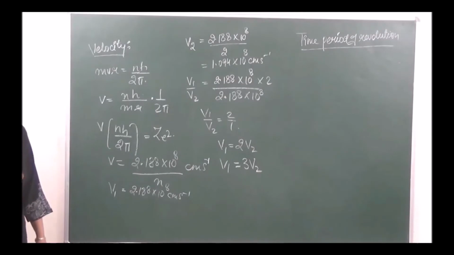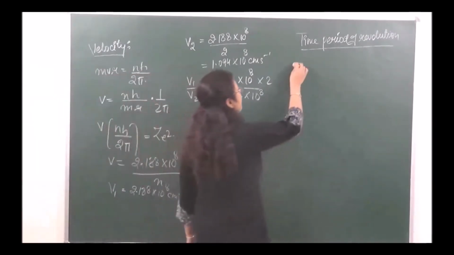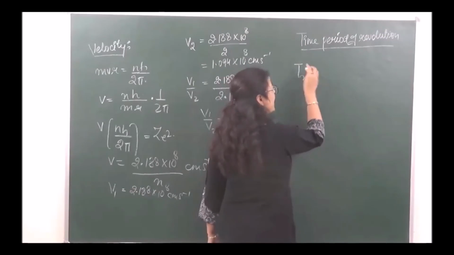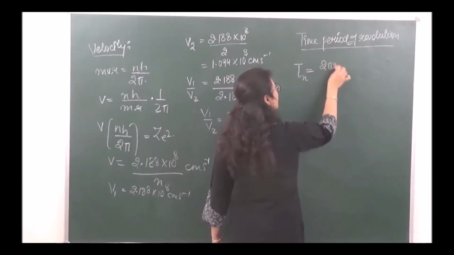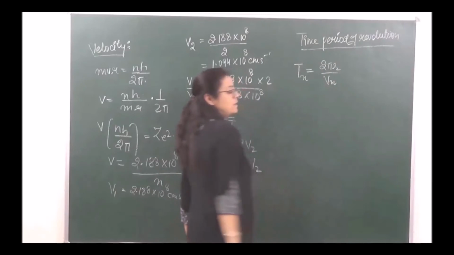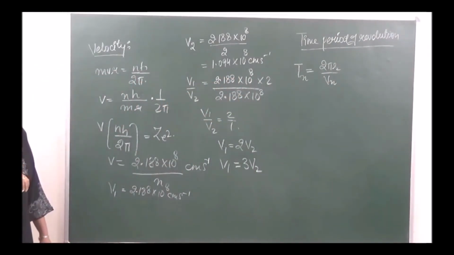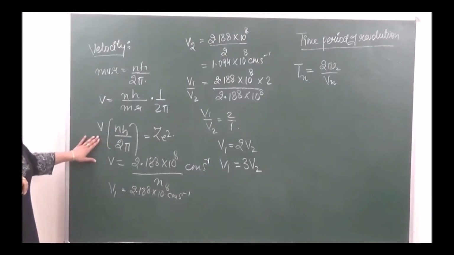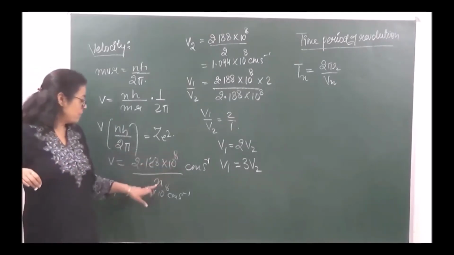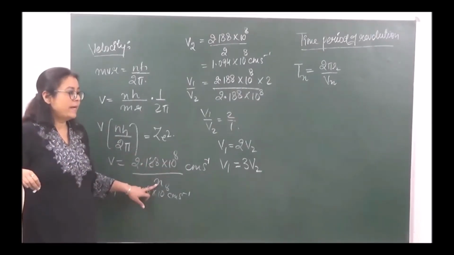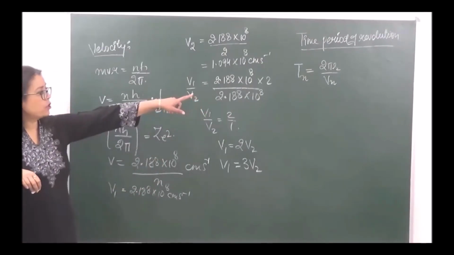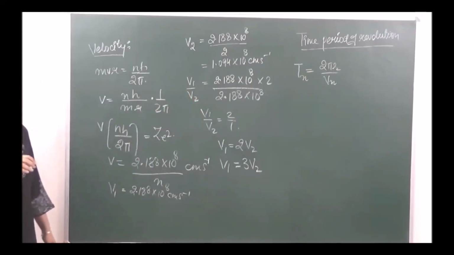In this case, the time period of the nth revolution is given by 2 pi r upon Vn, the velocity in the nth level. Vn we know how to calculate. The value of Vn is 2.188 into 10 raised to power 8 upon n. So you can put the value of velocity there and calculate the time period of revolution of the electron in the nth orbit. Got it?